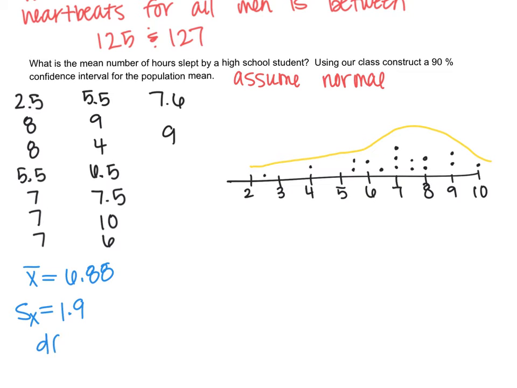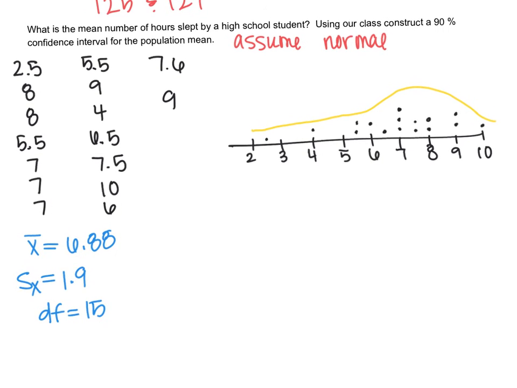Our degrees of freedom is going to be 15 because we have a sample size of 16, which means we're going to have a t critical value of 1.753, which again we find by seeing where 90% confidence level and our degrees of freedom of 15 meet in our table.